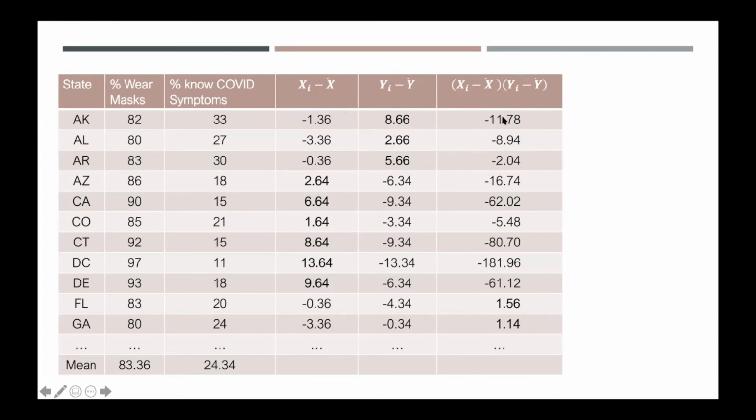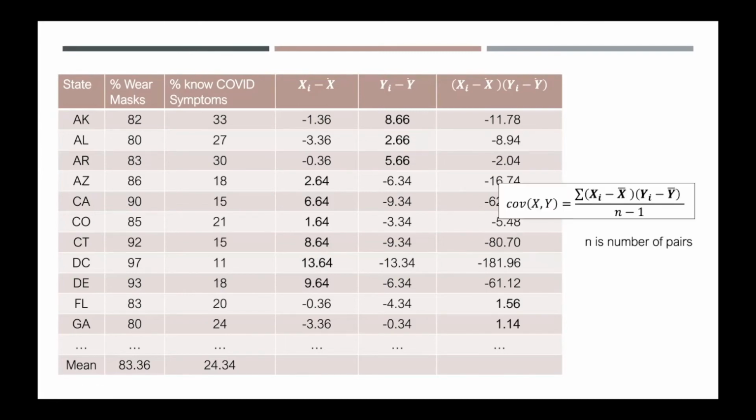But the product then also depends on the magnitude of these deviations. When we have really big deviations above and below the mean, we get a really big product. And so we can calculate our covariance between these two variables essentially as the average of these products across all of the 50 states that we examined.